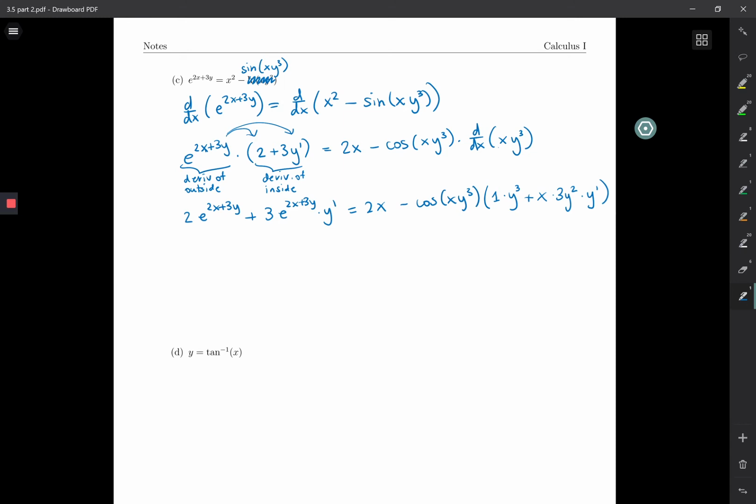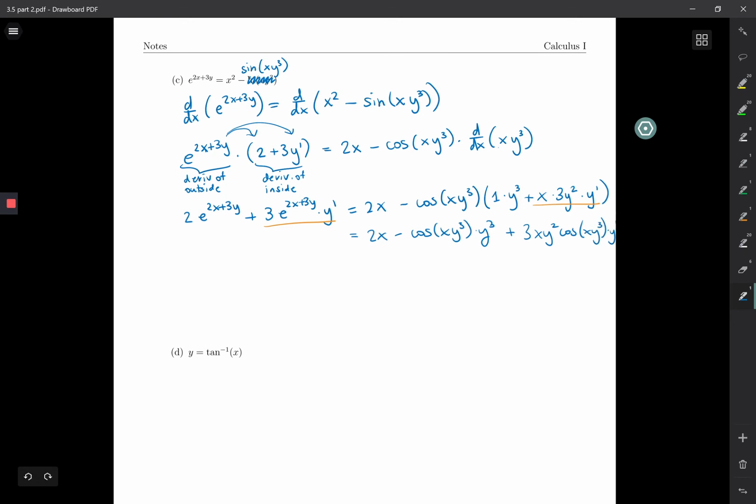Again, we have y prime in one of these terms. It's right here. It's also here. So we're going to multiply this out so that we can get that y prime term by itself. I'm going to go ahead and write this. We'll write cosine of x times y cubed plus, we'll put the constant out front, 3xy squared cosine of xy cubed times y prime.